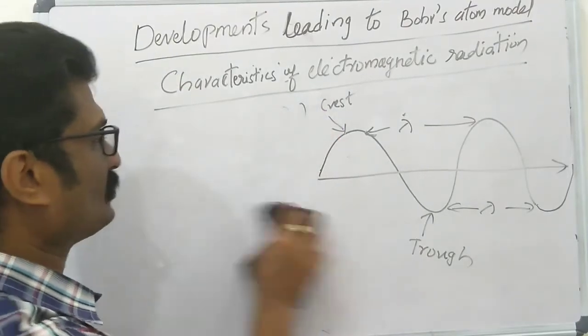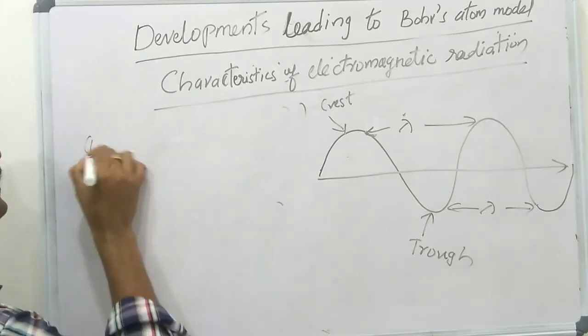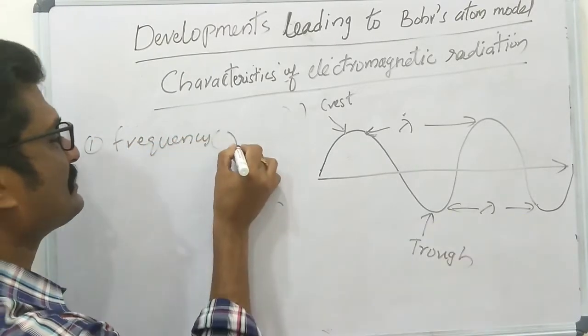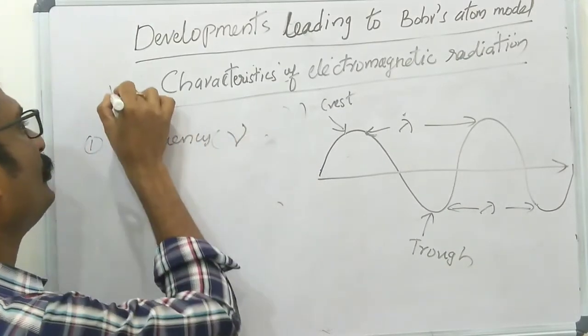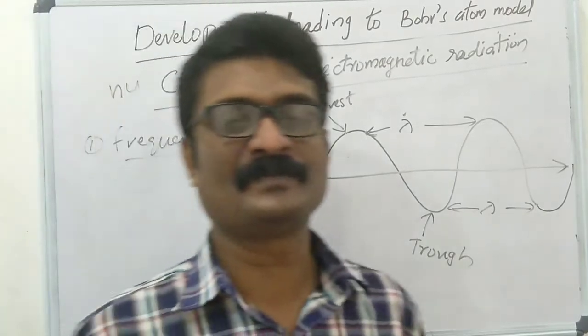Next, number 2, frequency of a wave. Its symbol is nu. What is meant by frequency of a wave?